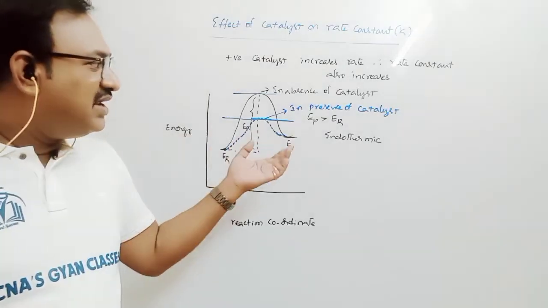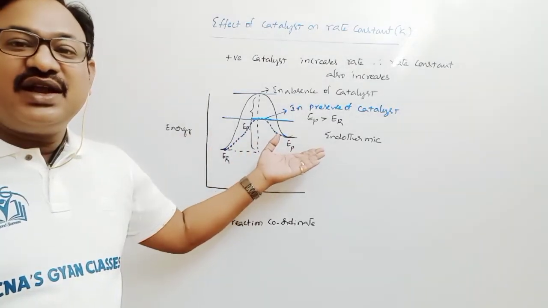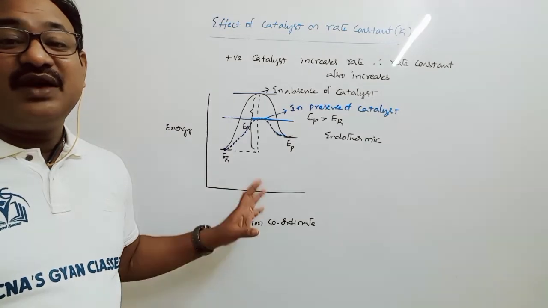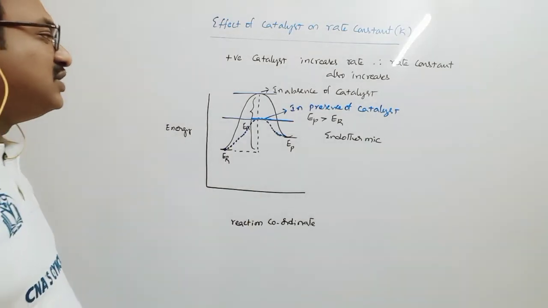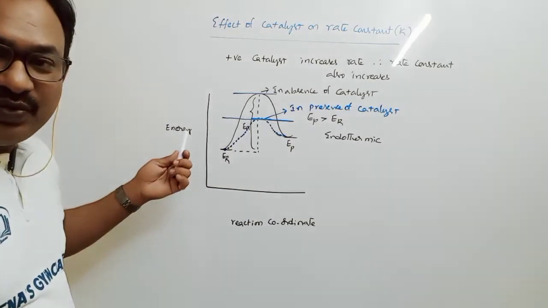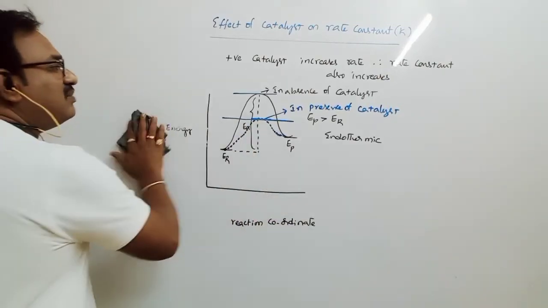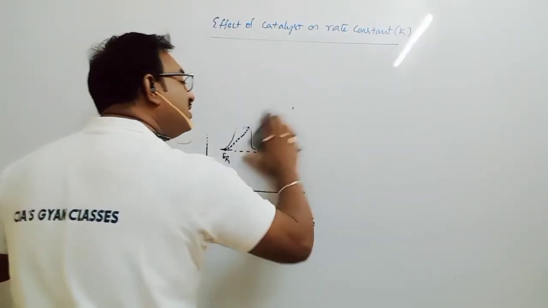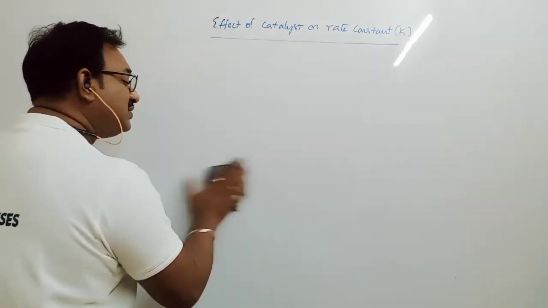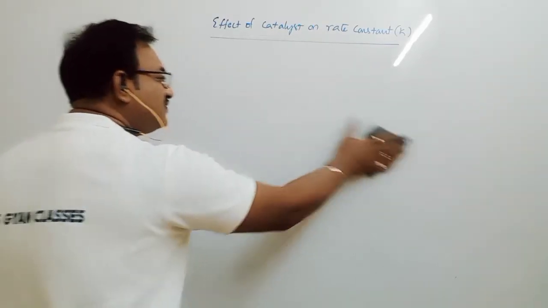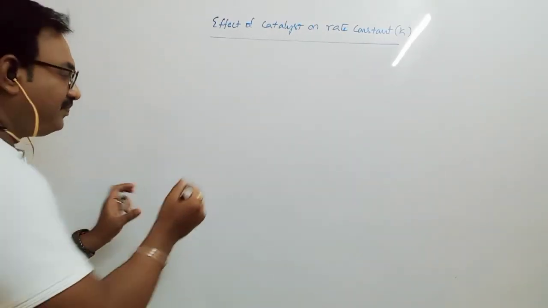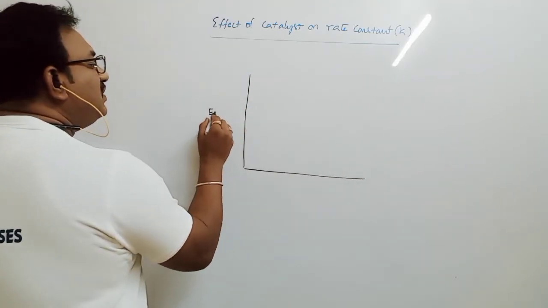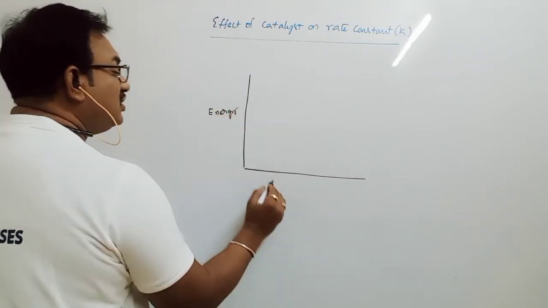Okay. Similarly, not only for endothermic, you can draw the same graph for an exothermic reaction also. So, I will go through one more graph, that is for exothermic. See, the effect of a positive catalyst on rate constant for an exothermic reaction. Again, go through the energy versus reaction coordinate graph.